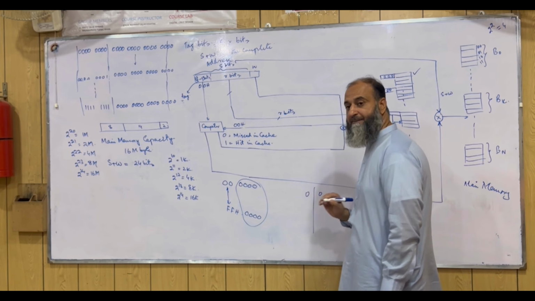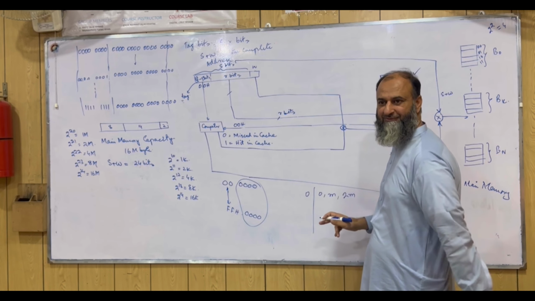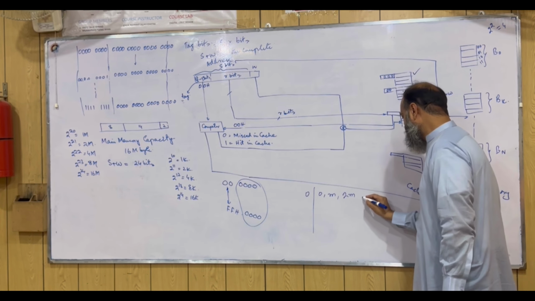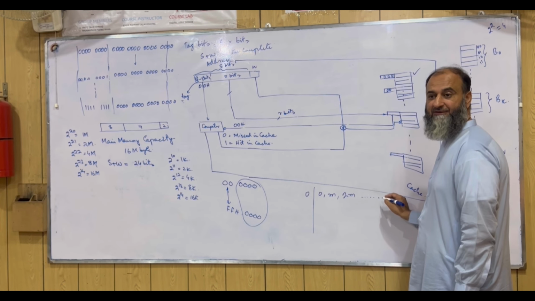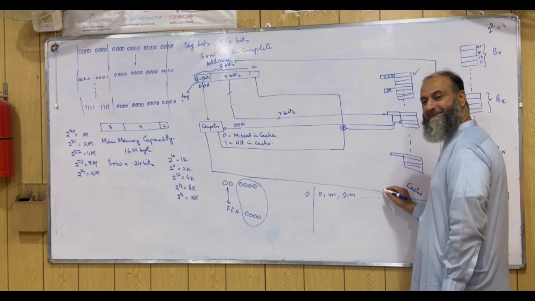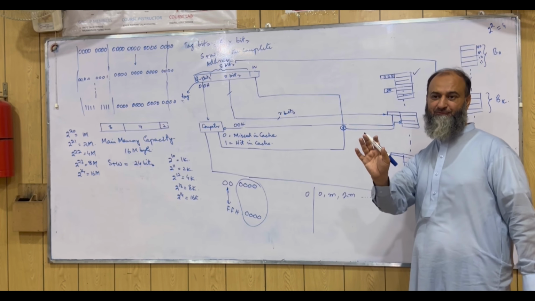Then after 2m blocks, the block is assigned to the last, and it will go up to 256 over here. 2m, then 3m, यानी कि हर एक rotation के बाद one of the blocks is going to be mapped.